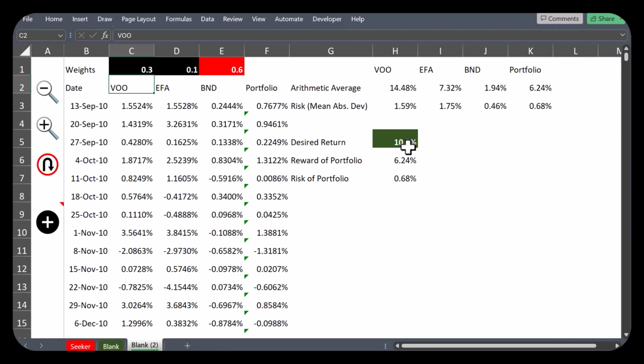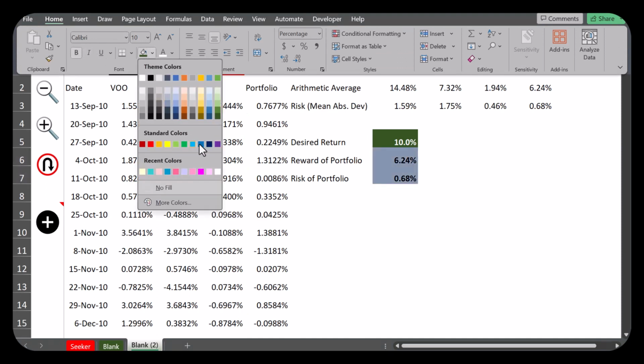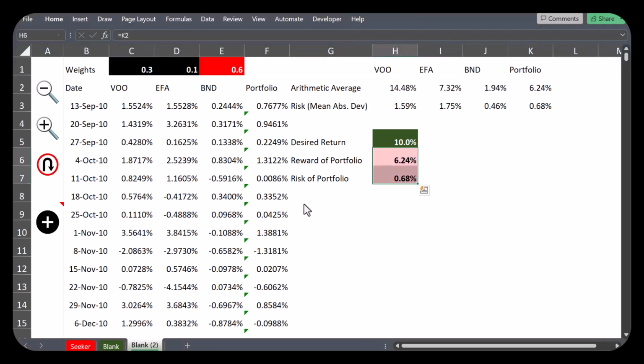Let's make that black. I'm going to have these a little bit pinkish, sorry, rose color. And I'm going to do a difference, just like I do in GoalSeek.